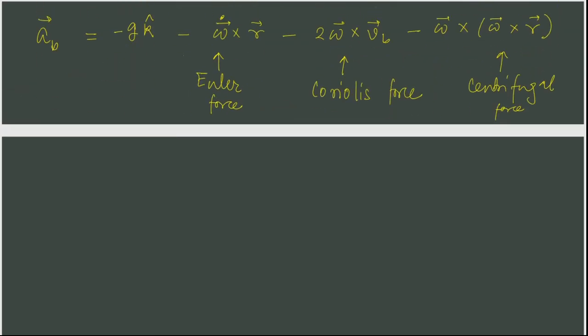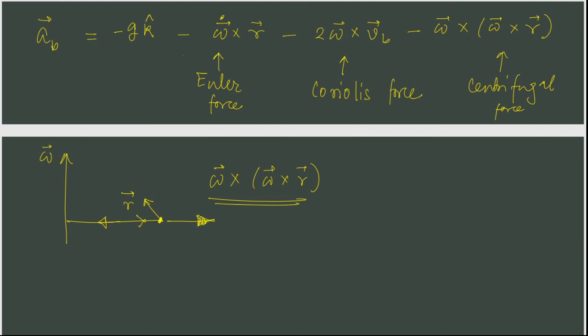Now let us look at their directions. In some simple cases, let us suppose this is the omega axis, and then let's say we are interested in this particular point. This is the position vector R. Then omega cross R would be along the direction which is into the plane of the page, and then omega cross omega cross R would be along the negative R, but we have a negative sign, so the fictitious force would be acting outward.